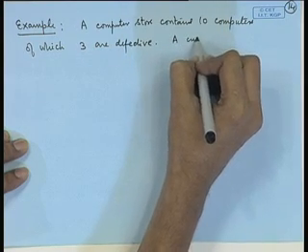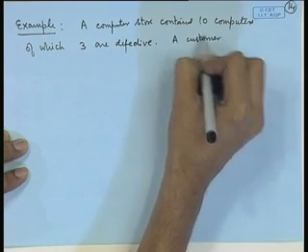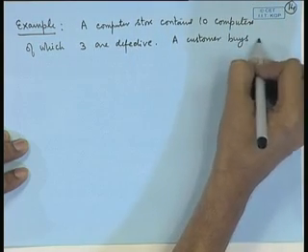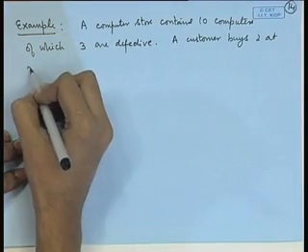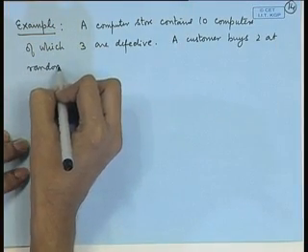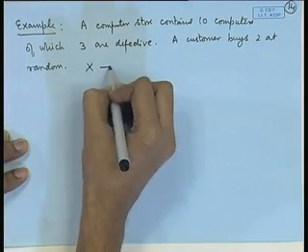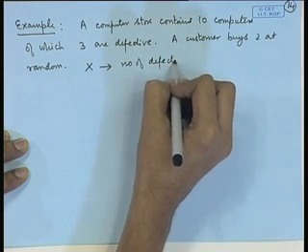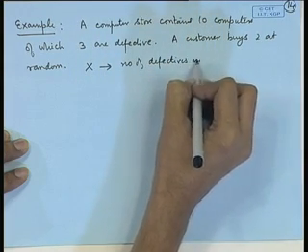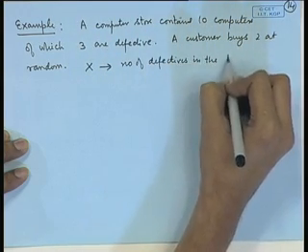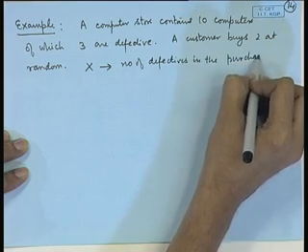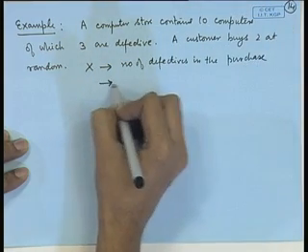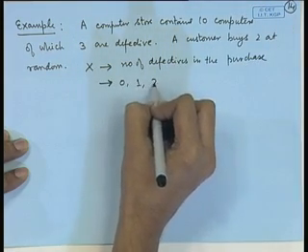A customer buys 2 at random. Let X denote the number of defectives in the purchase. Then the possible values of X can be 0, 1, 2.